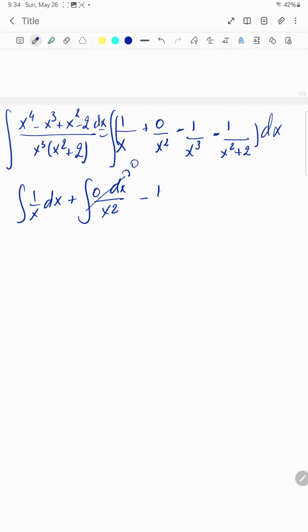Minus the integral of 1 divided by x to the power of 3, but I want to save time, so I will write it directly: minus x to the power of minus 3 dx, and minus 1 over (x squared plus 2) dx.